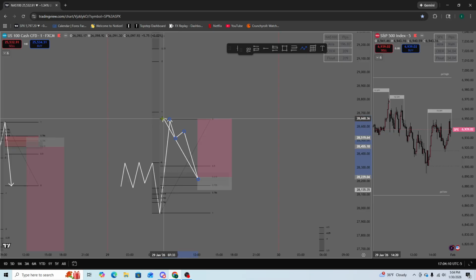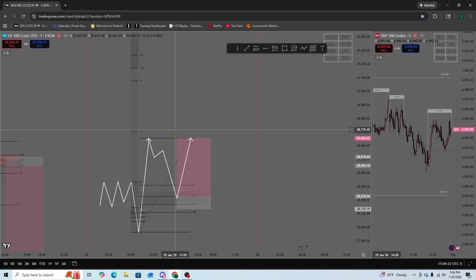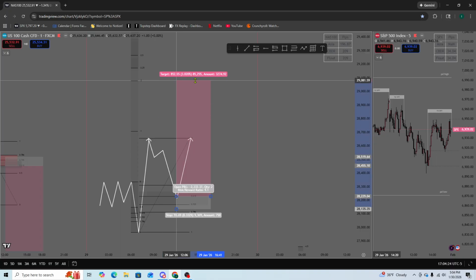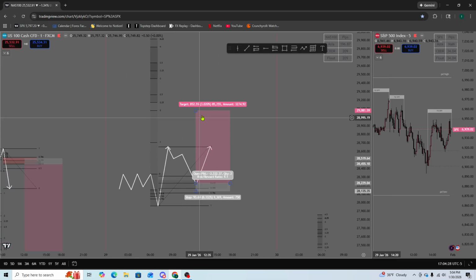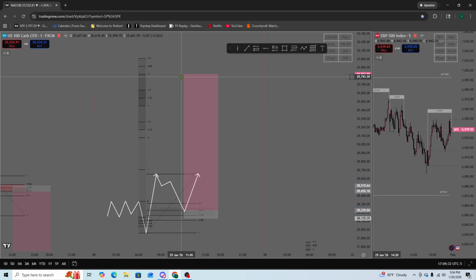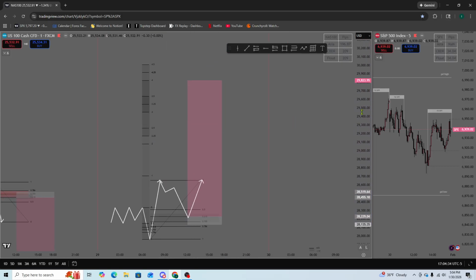So you could target the top of the leg, and most of the time that'll hit. If the trade's playing out, it's going to get hit. Or you could once again target your standard deviation levels if they're good high time frame targets, right? You could target all the way up to the -4 again for max expansion.